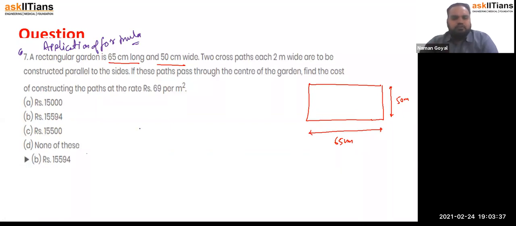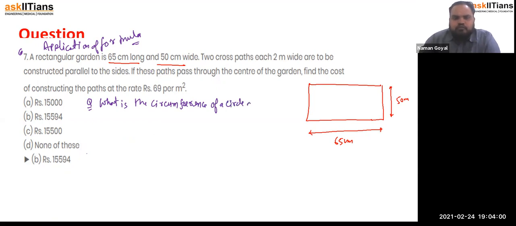Now we are going to do some questions for the area of a circle and the circumference of a circle. Start with a simple one. What is the circumference of a circle of diameter 10 centimeter?